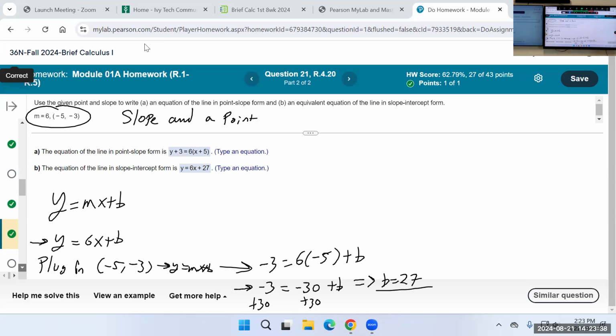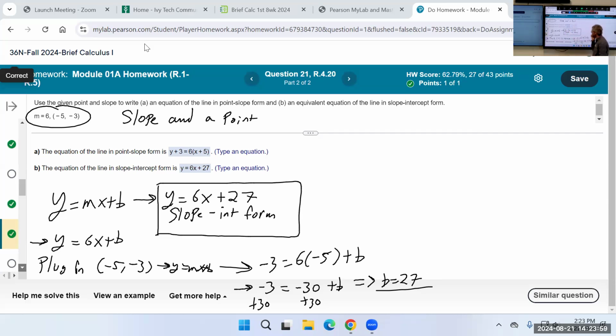Now I know the slope and I know the y-intercept, so I know everything there is to know about the line. y equals 6x plus 27. And this is the slope intercept form, which is what they wanted in part B. So that's the y equals mx plus b down there.